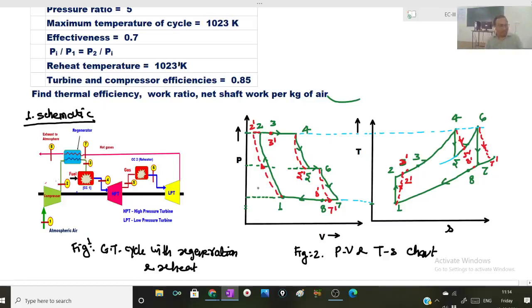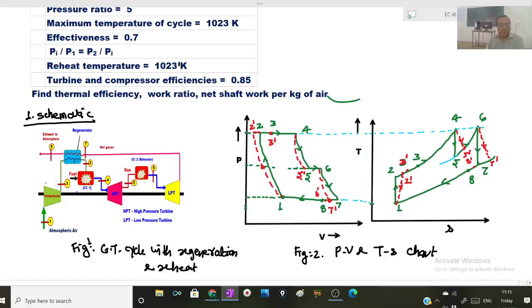So 1 to 2 represents isentropic compression and 1 to 2 dash represents actual compression. 2 to 3 is isobaric heat addition in the regenerator.